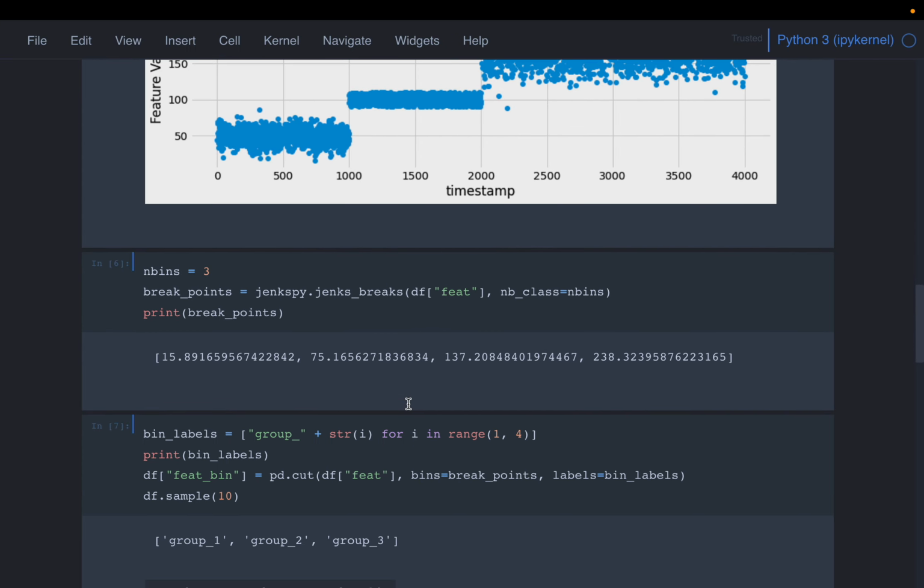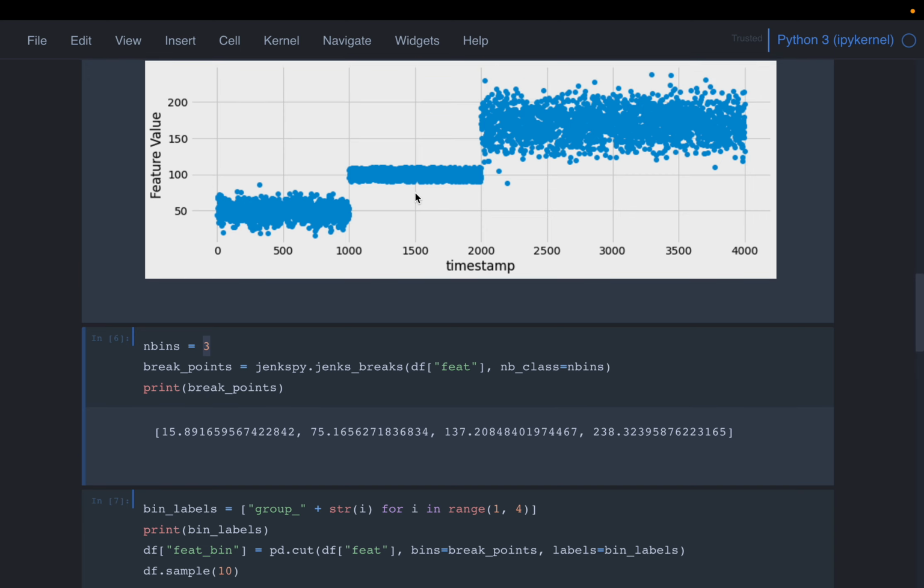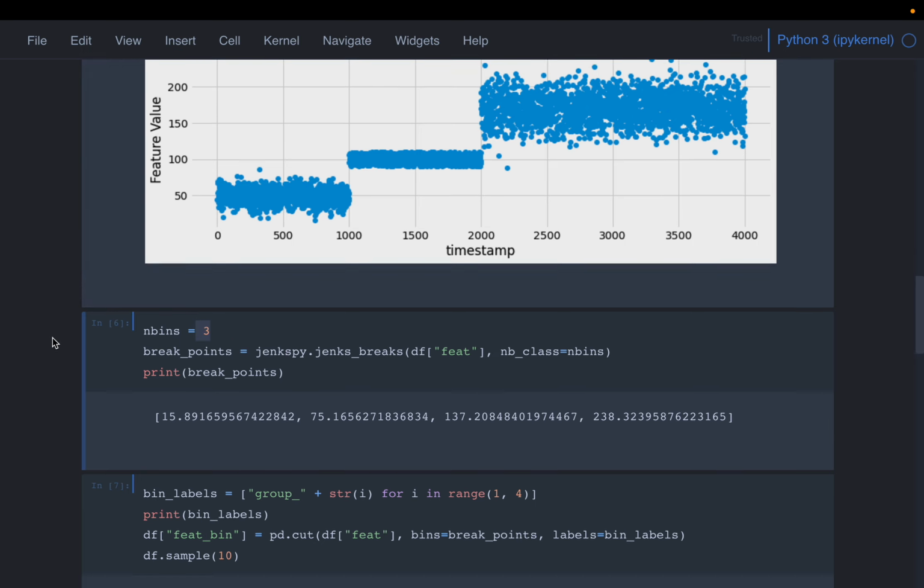Now again, similar to the K-means algorithm, we have to decide how many groups we want to divide into. For a real world data set, the groups are not this clearly separable, so we might do some experimentation to find the optimal number of groups.